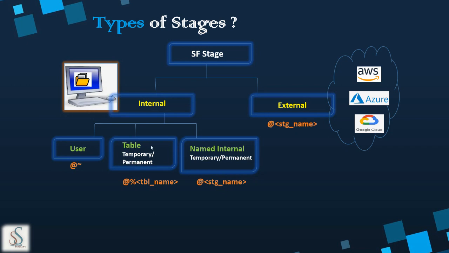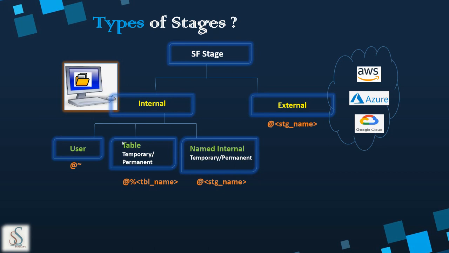Table stage means whenever you are creating any table in Snowflake, automatically Snowflake will create a table stage for you without asking. And named internal stage is nothing but an explicit stage you are creating by yourself by giving a desired name.